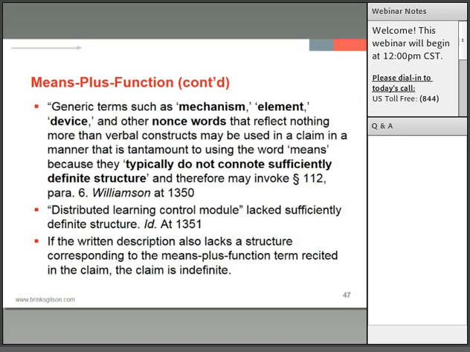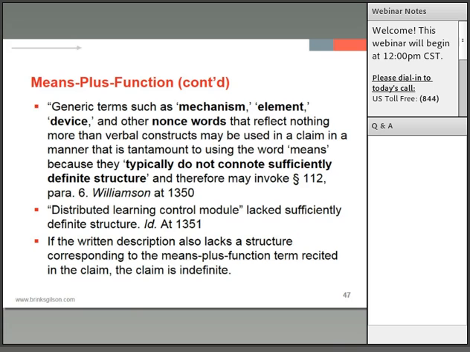So here, in the Williamson decision, the court said that the words mechanism, element, device, and other nonce words that reflect nothing more than verbal constructs may be used in a claim in a manner that is tantamount to using the word means, because they typically do not connote sufficiently definite structure.